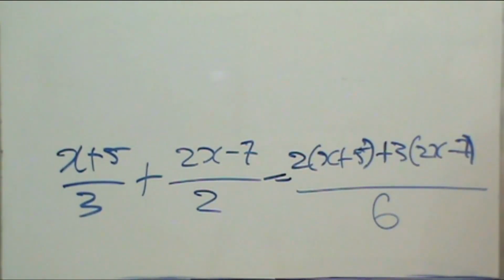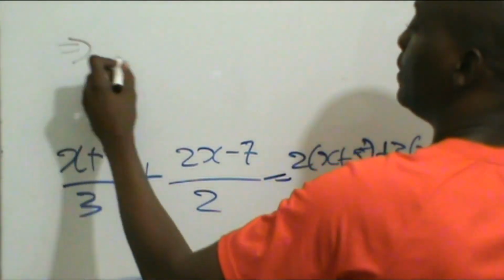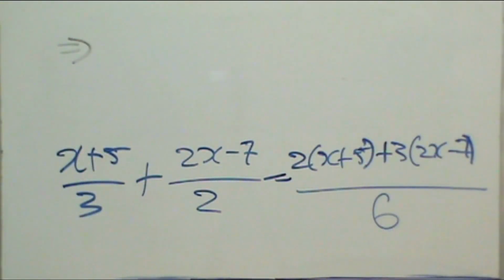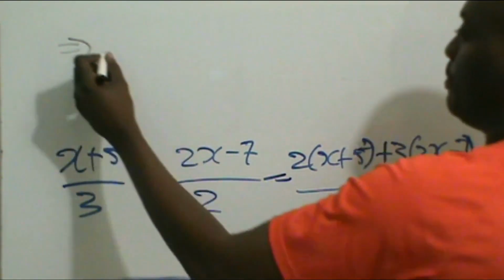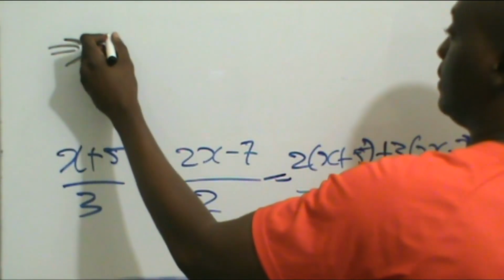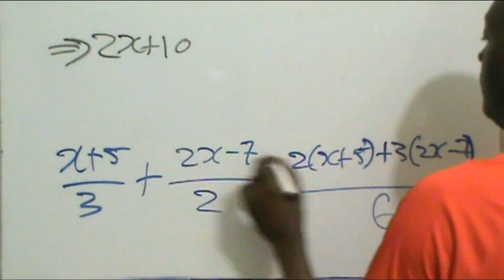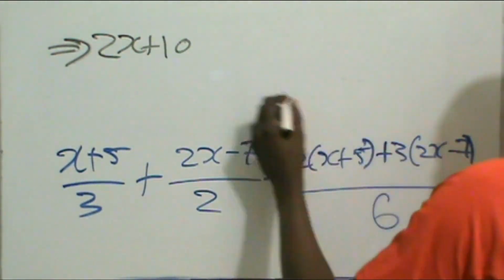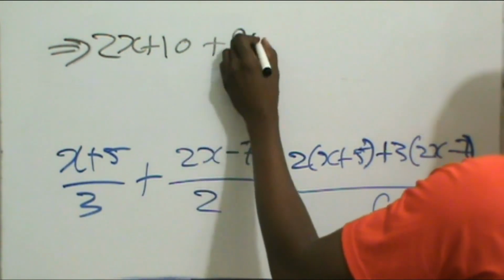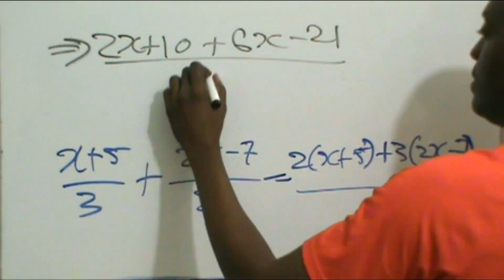So we're finishing this question in black ink on the top. So your line would be, let's see, 2x plus 5 is 2x plus 10, plus 3 into 2x minus 7 is 6x minus 21, all over 6.